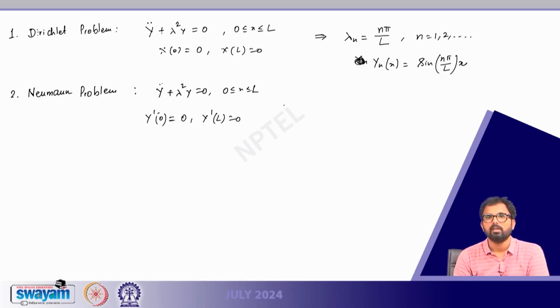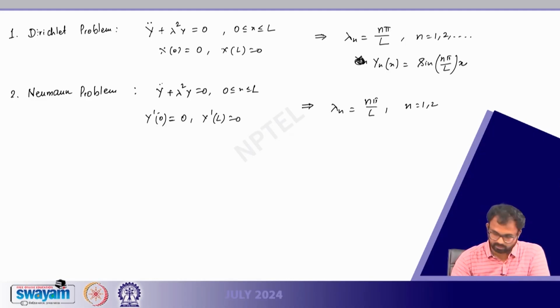Also we can have non-zero boundary conditions, but we can take 0 as well. In this case the eigenvalues will be lambda n equals n pi by L, with n running from 0, 1, 2, 3, and so on, and our eigenfunction will be cos of n pi by L times x.